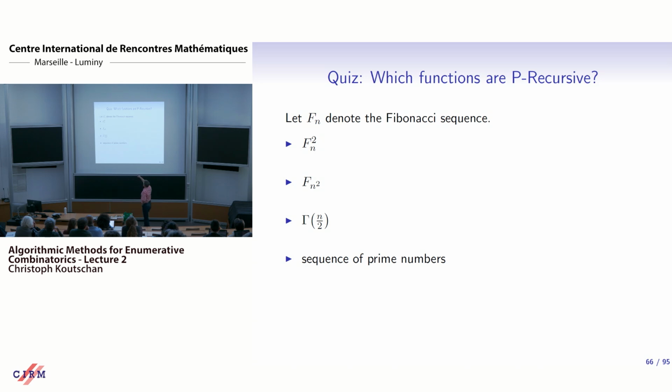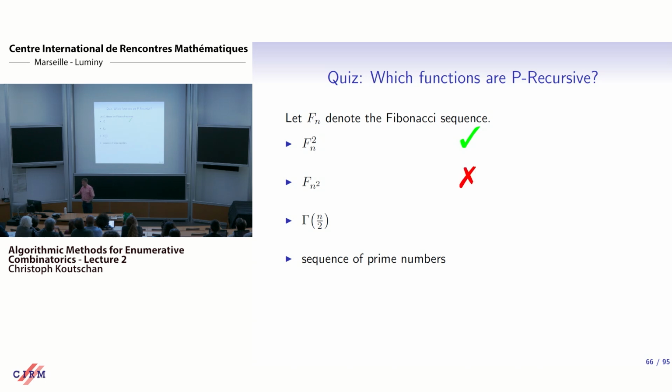Here I wrote a few sequences, and I ask you to make up your mind which of them are p-recursive. So, first sequence, the square of the Fibonacci numbers. Who thinks this is p-recursive? Everybody, yes, you're right. Who thinks that the Fibonacci numbers at index n squared are p-recursive?